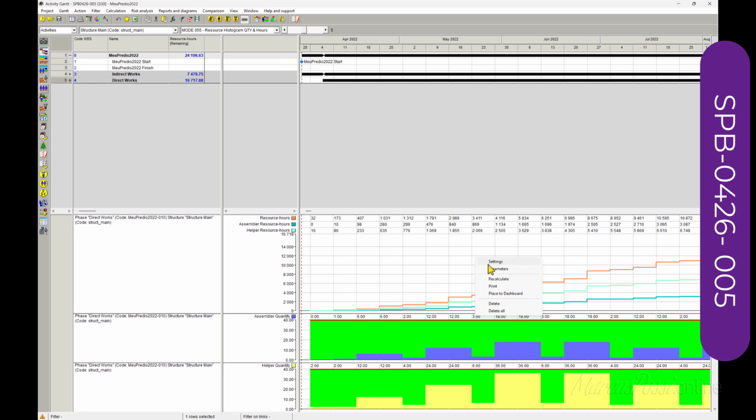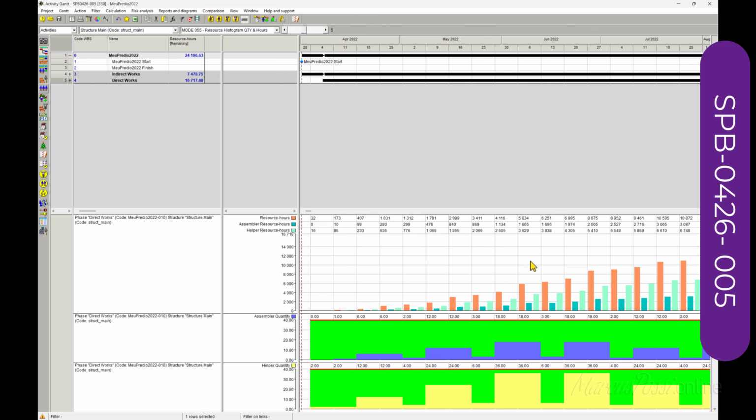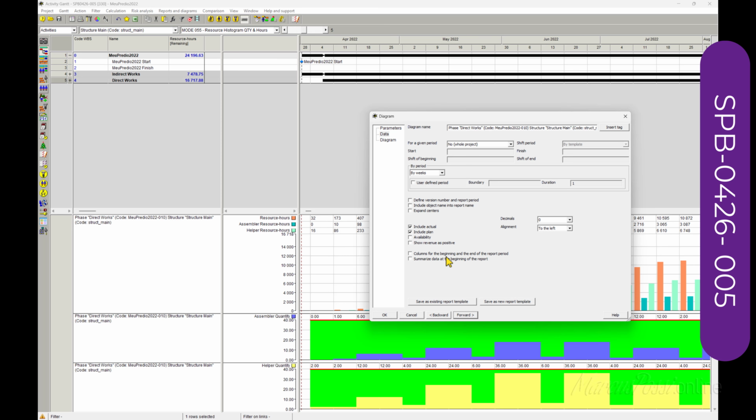And you choose the histogram. I prefer the columns. You're not obliged to use columns, just myself. Resource hours, assembler, and helper. Imagine if you were asked to show resource hours and resource centers.